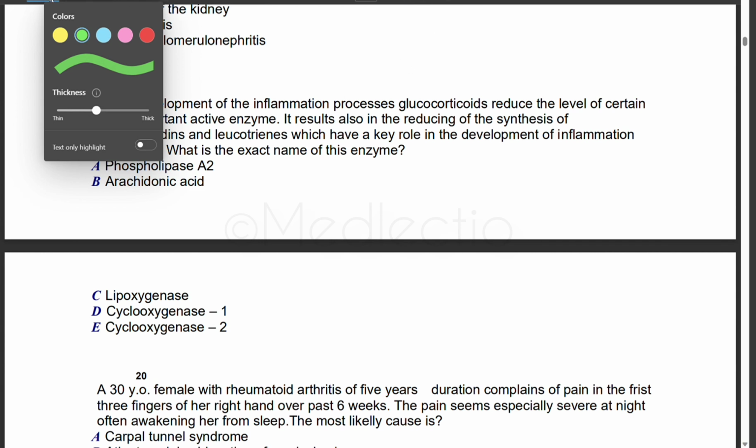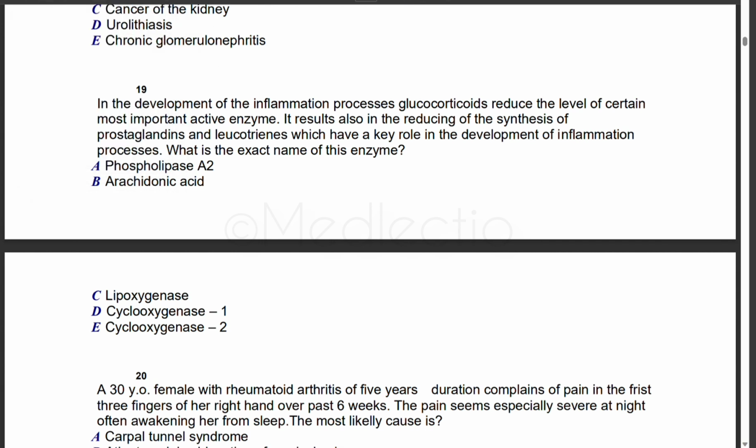As they are saying here, in the development of the inflammation process, the glucocorticoid reduces the synthesis of prostaglandins and leukotrienes.